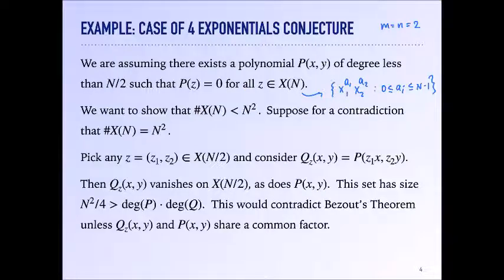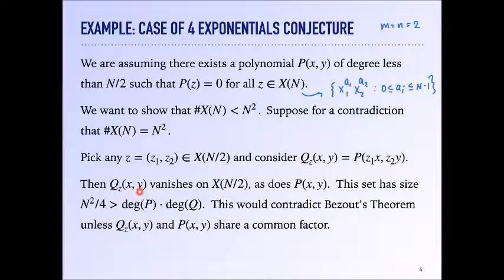So let's suppose for contradiction that we have such a polynomial and yet this has the full size that it could be, of size n squared. Let's see what we can deduce from that. If we start with any z in x of n over 2, a box of half the size, and we consider a shifted polynomial, where you do a change of variables on your variables x and y, scaling them by this z1, z2, and you make that your new polynomial, which you call q sub z.